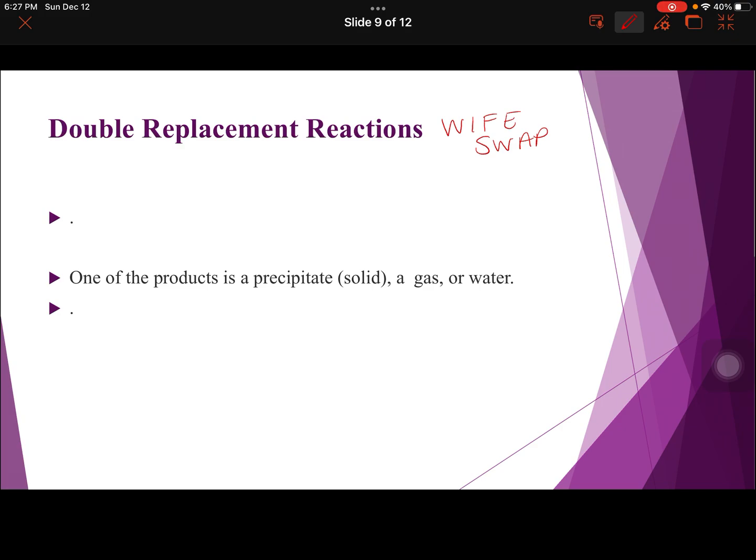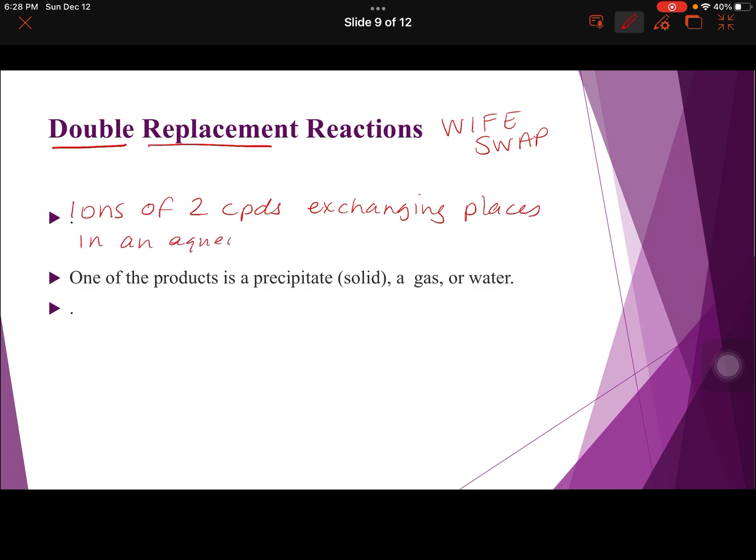It was terrible. But the idea of a double replacement reaction will look like that. You will have these two sets of partners that trade partners. So for this reaction, you will have ions of two compounds exchanging places in an aqueous solution.